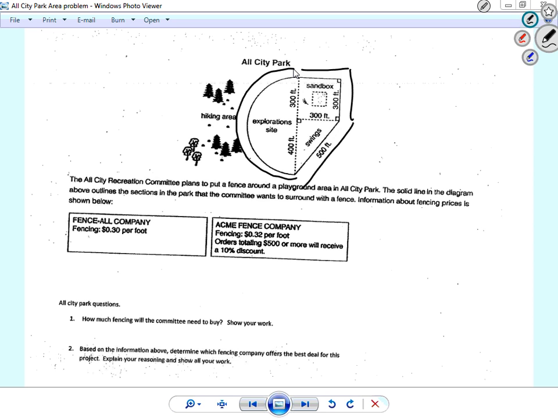I know that the left side, the three, this side, and that side, you guys can figure it out. Right? That's a perimeter, you can add those. The tricky part will be this side. But if you notice, this circle has a diameter of 700 feet. I'm calling it 700 because 300 and 400 make it 700.